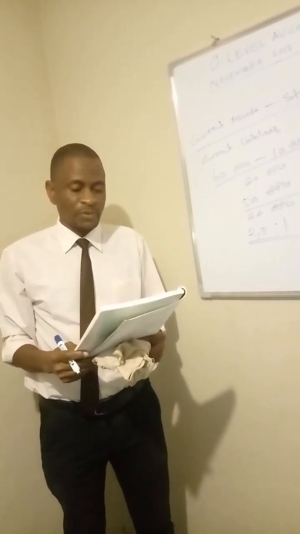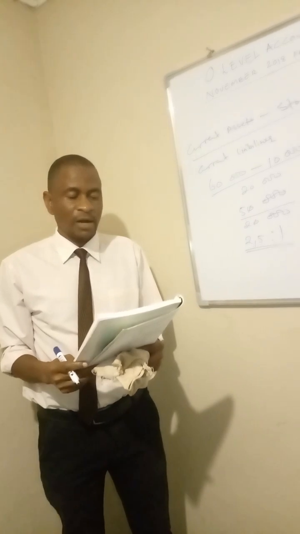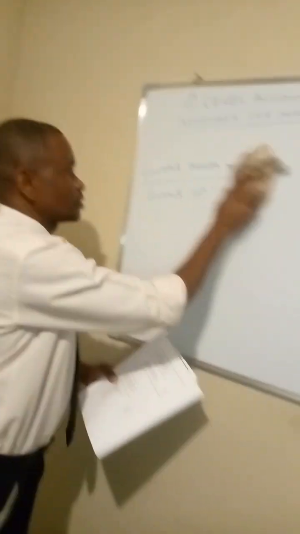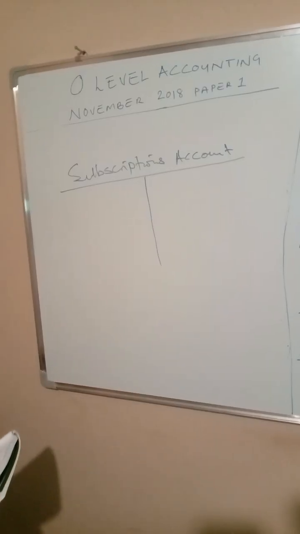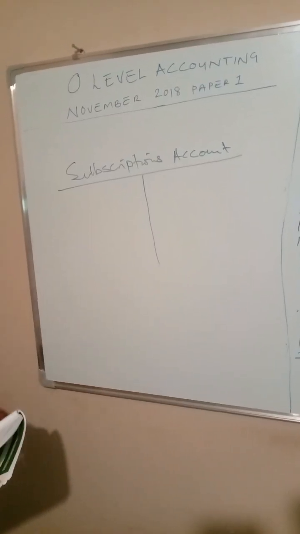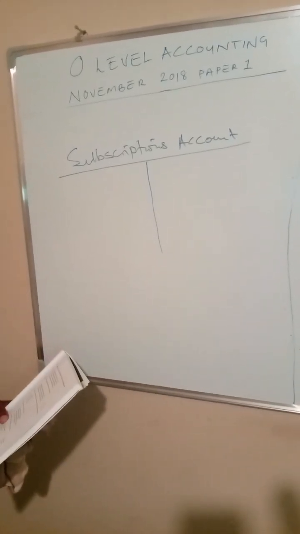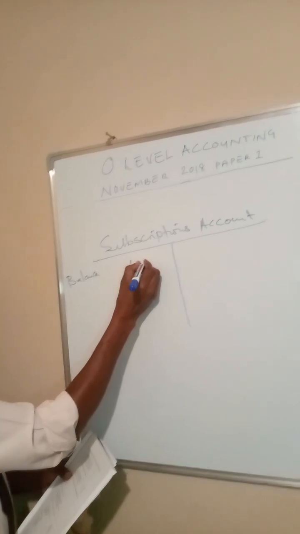The amount of subscriptions shown in the income and expenditure account is, we open a subscriptions account. Amount that is owing in subscriptions account is an asset to the club, therefore it carries a debit balance. So subscriptions at the start of the year, 1,200, to leave a debit balance 1,200.